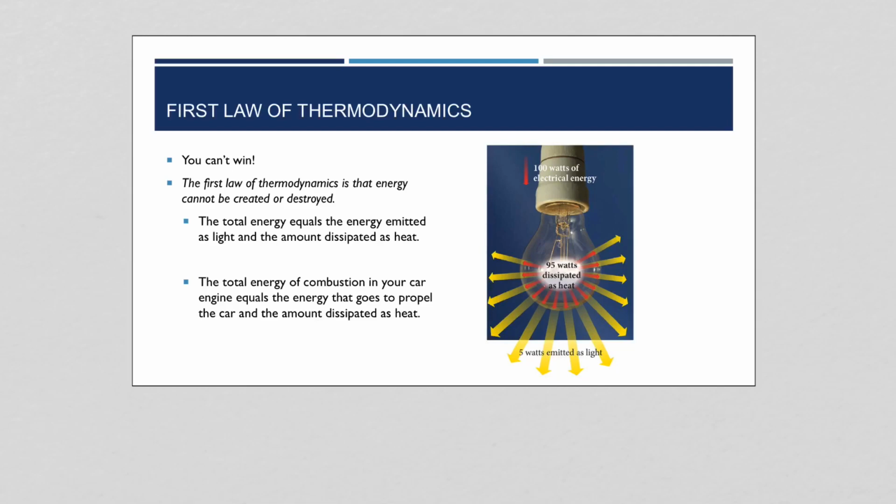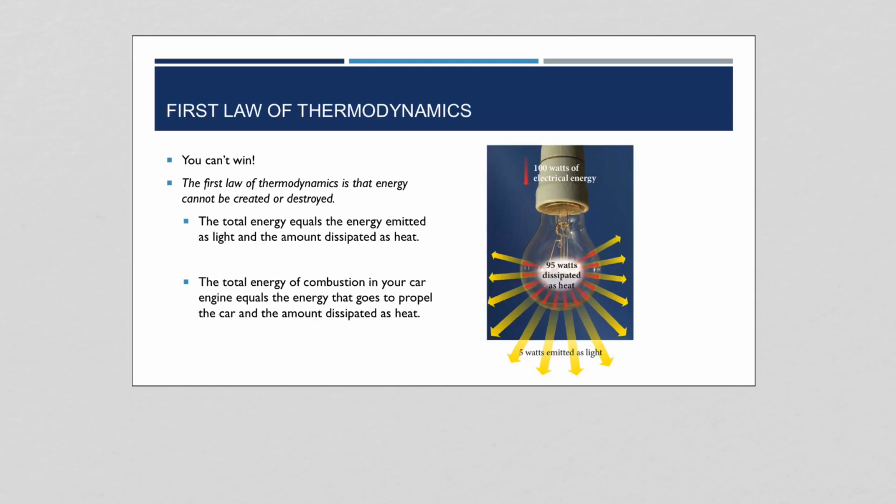Now, in this case, right, we get about 95 watts of that dissipated as heat, and about 5 watts dissipated or emitted as light, right, which is what our goal is, right? But the key here is the conservation, right? Another example is the combustion of gasoline in your car, right? The total energy in this case, the potential energy of our gasoline, right?